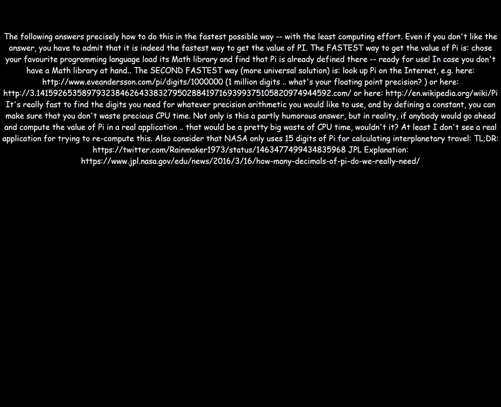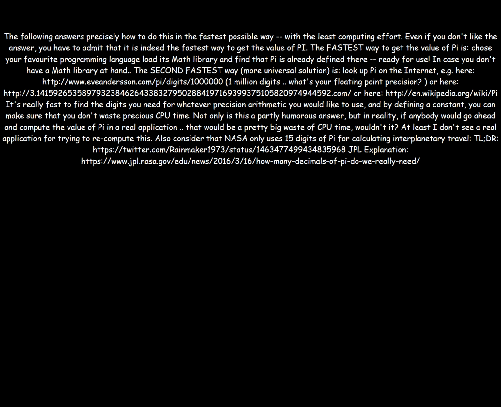In case you don't have a math library at hand, the second fastest, more universal solution is to look up pi on the internet, e.g. here, www.eveanderson.com/pi/digits/1000000, 1 million digits. What's your floating point precision?